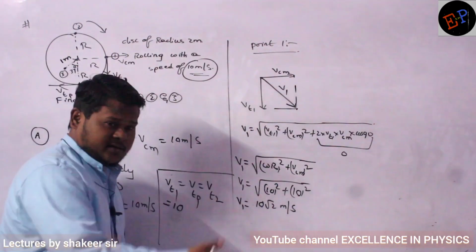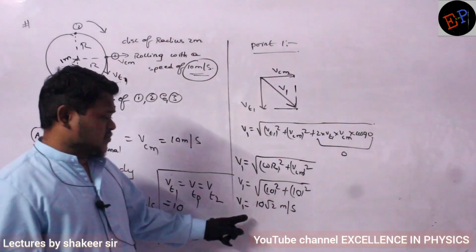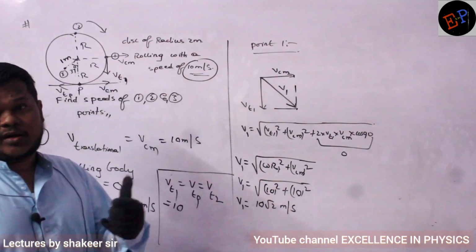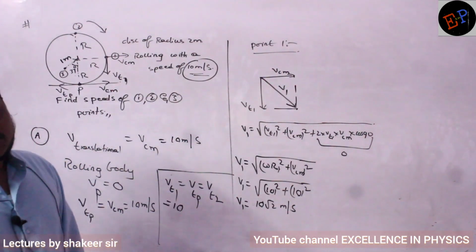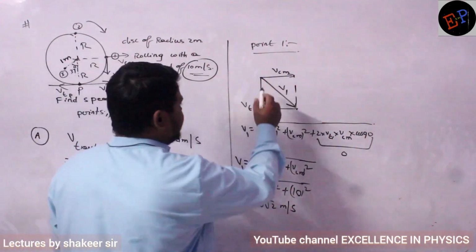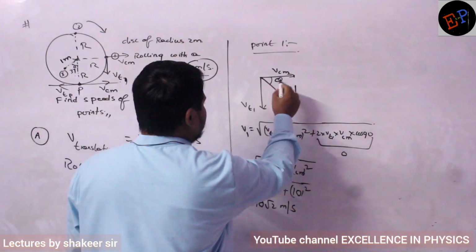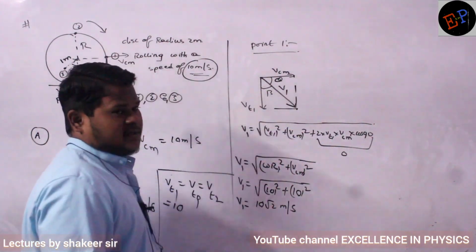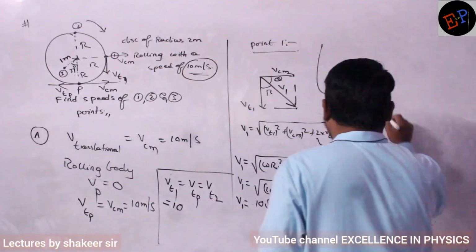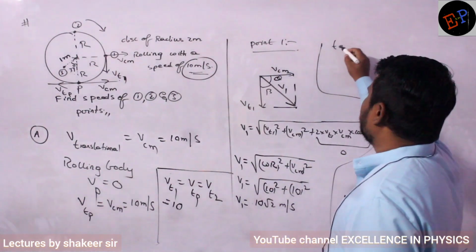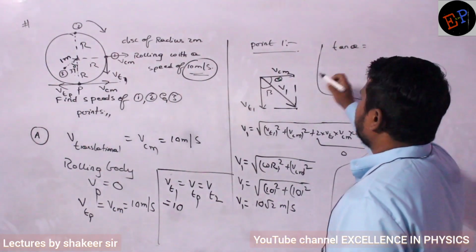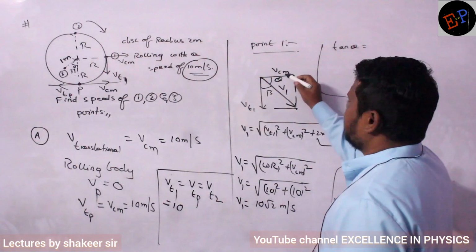And you can calculate the angle also. Velocity of point number 1 is present at what angle with respect to horizontal or with respect to vertical? For example, if you take this angle as alpha and this angle as beta, then how can I calculate tan alpha? Tan alpha is opposite by adjacent.